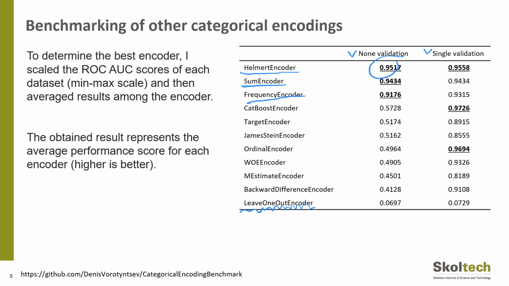In the first setting, we have no validation. In the second setting, we use a separate training set to create encodings, and another one to use these encodings for training of the model.